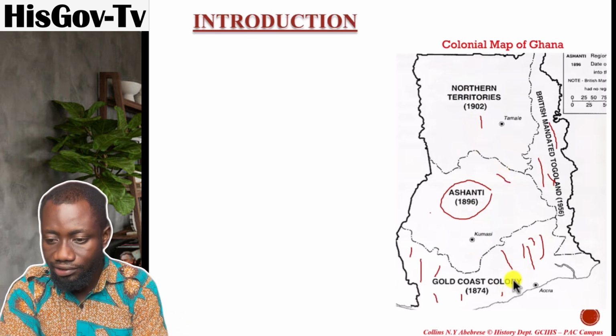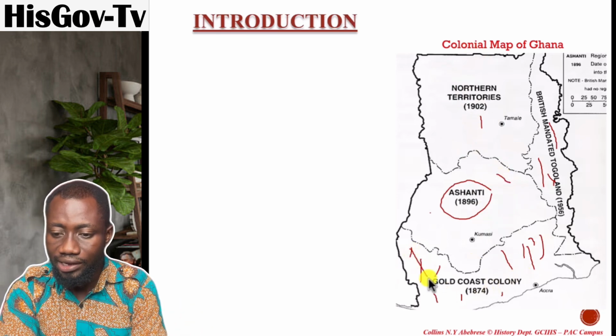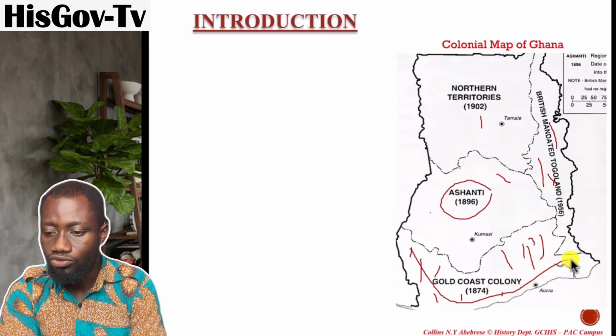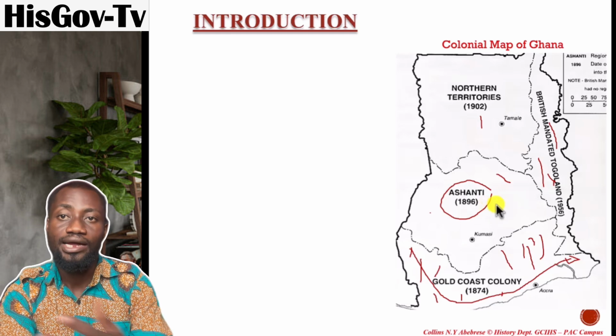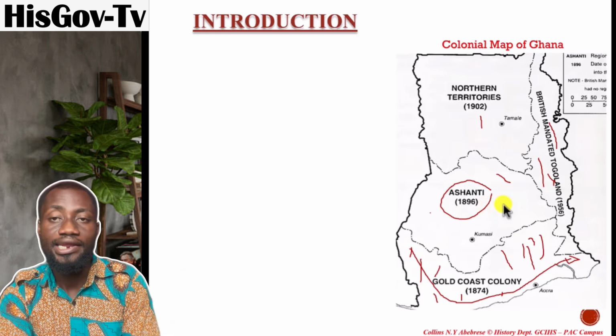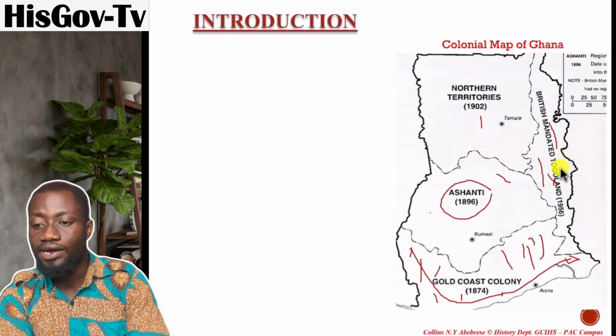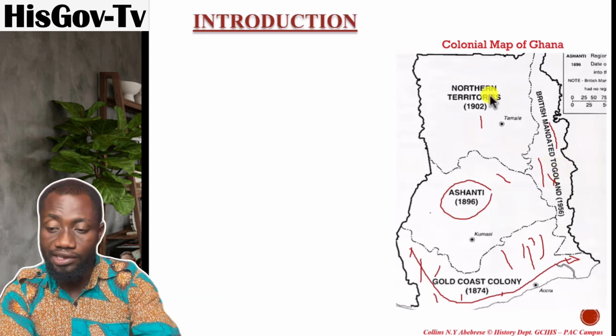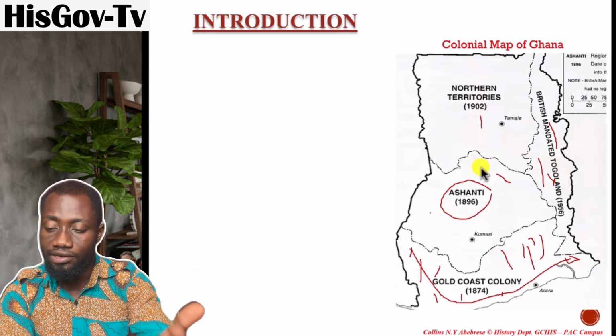It was just the southern state. This area was what we refer to as the Gold Coast. Ashanti had been Ashanti from day one, and their name had never changed. The British mandated Togoland later became the Volta region, and then the Northern Territories.